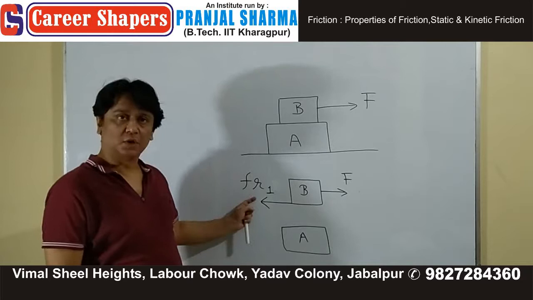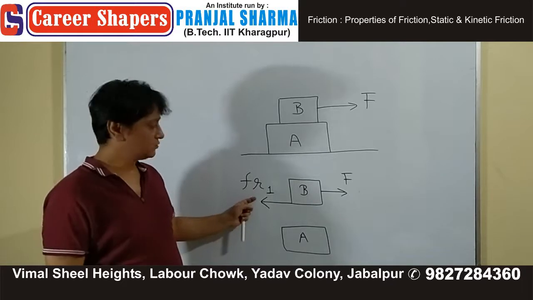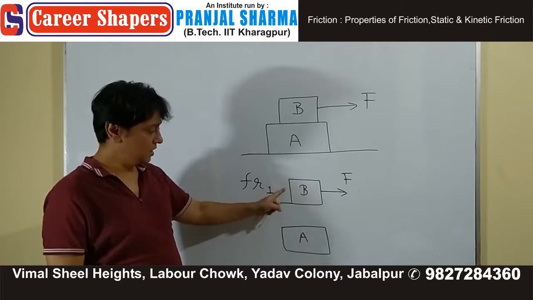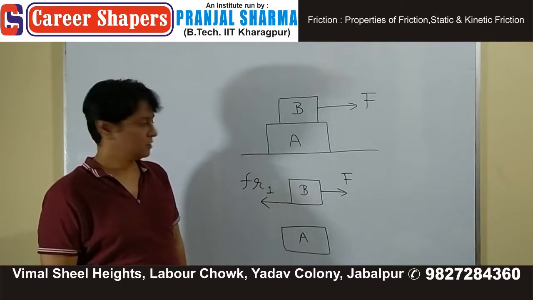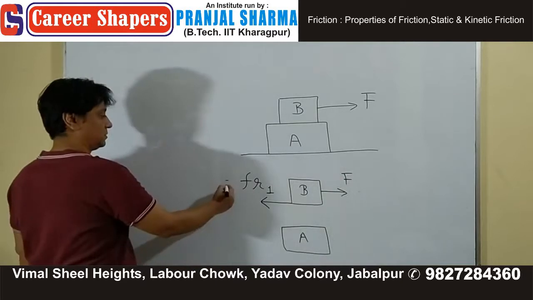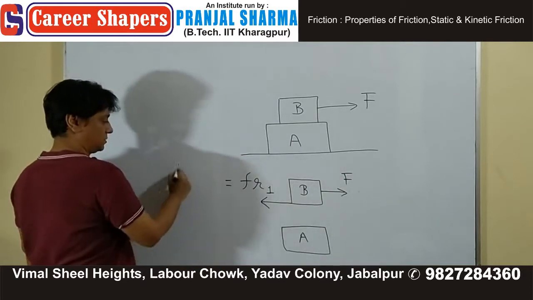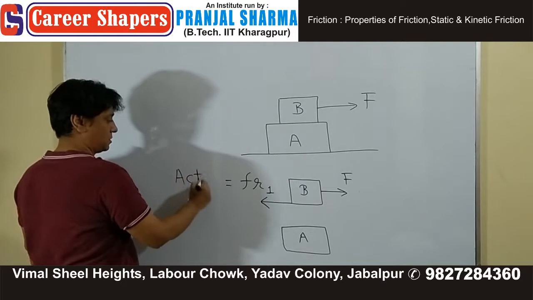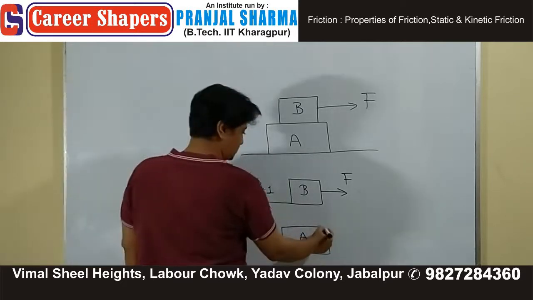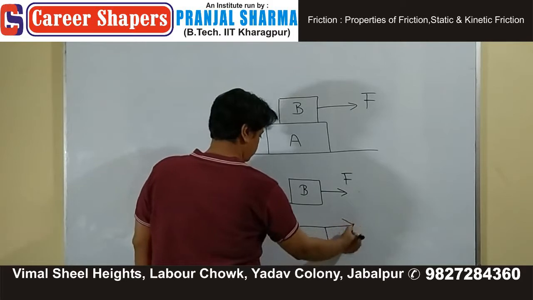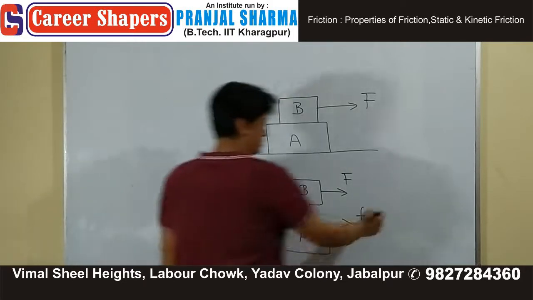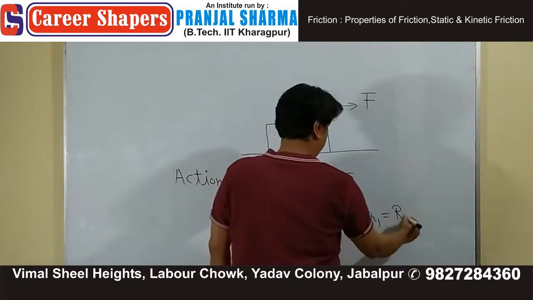So what is FR1? FR1 is the force of friction on B coming from A. If you call it action, then its reaction is present on A, which is this FR1 reaction force.